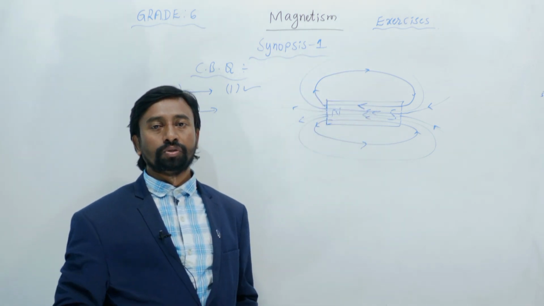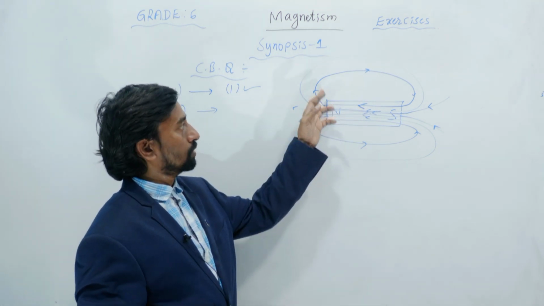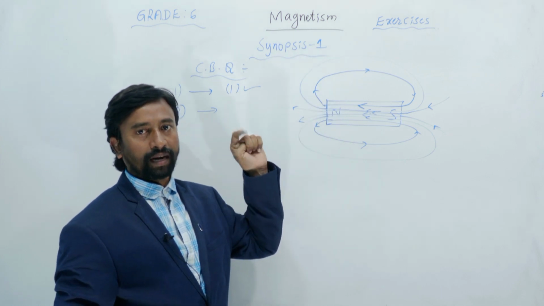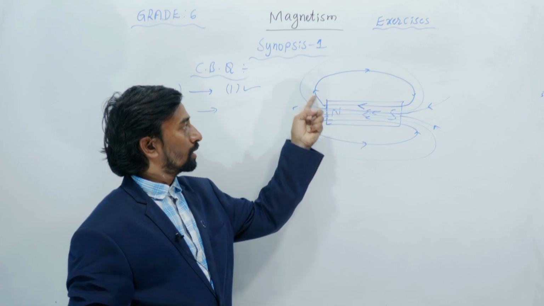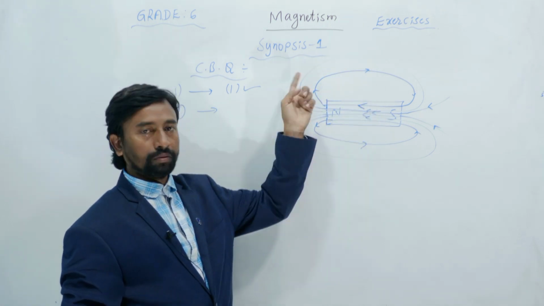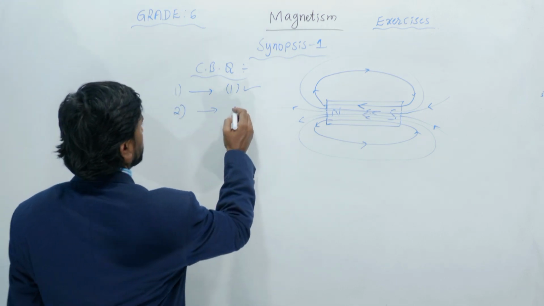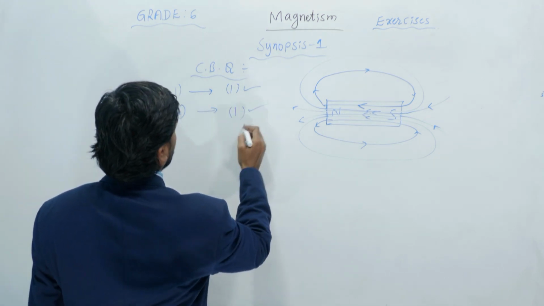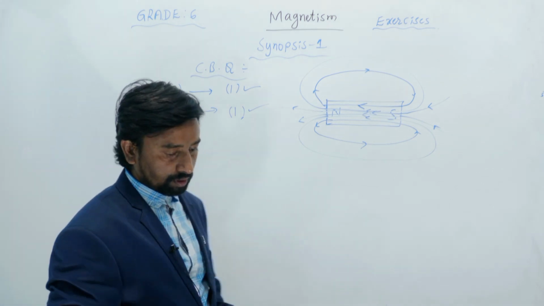They are individual continuous closed curves. The magnetic lines of force are closed loops, or closed curves. So the option is continuous closed curves. That is option 1.